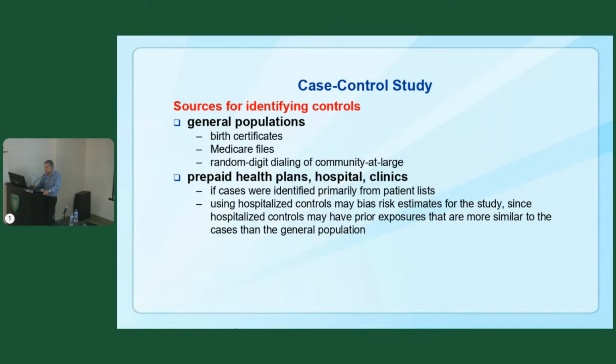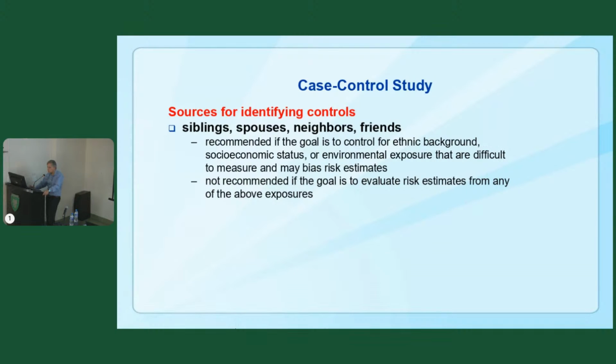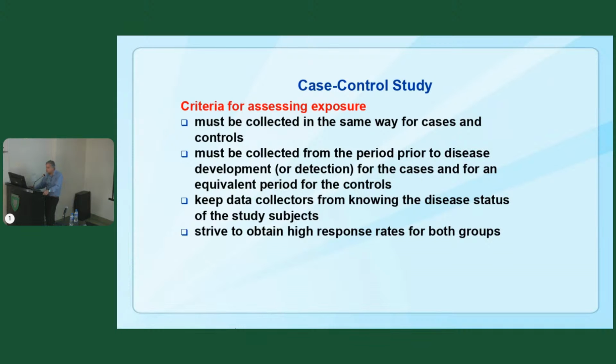Many options here I'm giving to you. Again, more options for controls. Criteria for assessing exposure. The more important point I make here is that exposure must be collected from the period prior to disease development. You want to make sure that the exposure preceded the outcome. You don't want to confuse when the exposure happened, like in a cross-sectional or prevalence study or a survey study.